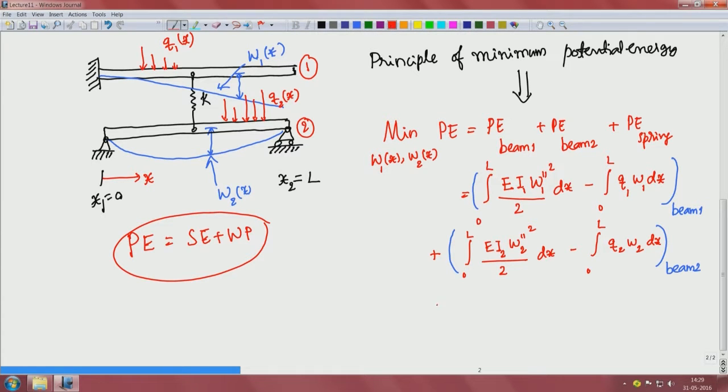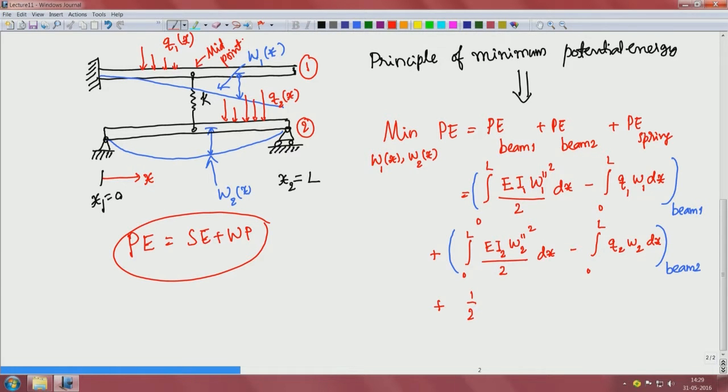and then we have the potential energy or strain energy work potential. Spring does not have a force, so it is only strain energy, that is going to be half. If we say this is a midpoint where the spring is attached, okay, let us assume that this is the midpoint, that is L by 2.